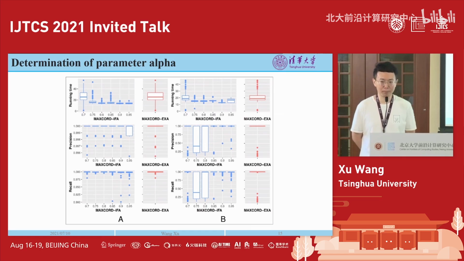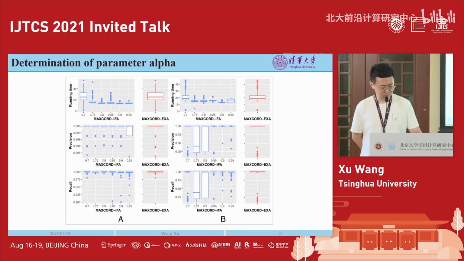The left part represents the case with weak attack power. The right part represents the case with strong attack power. The horizontal axis represents the parameter alpha. The vertical axis represents the corresponding indicators.